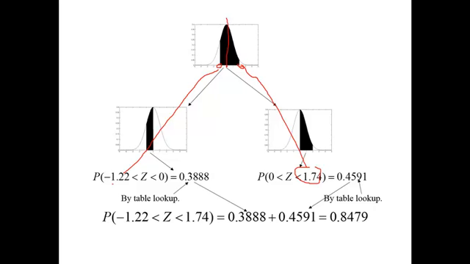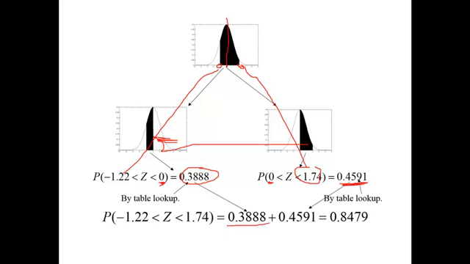Now I've got the 0 at the end point, and so I can find the area just by a table lookup. Over here I've got the 0 as an end point, and I can find the area as a table lookup. And then to get my original area, I would just plop these two pieces back together.